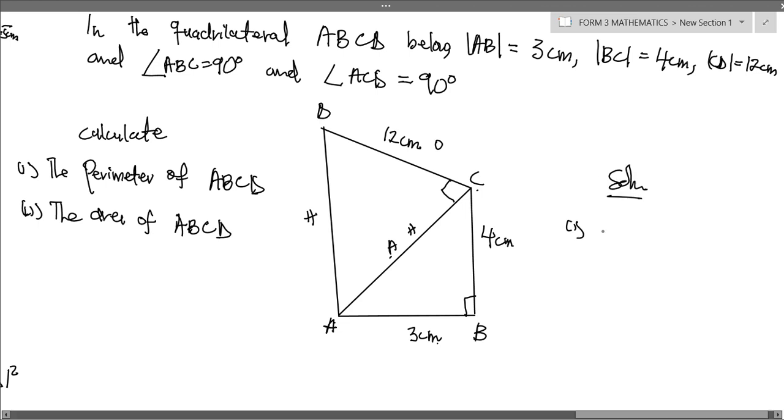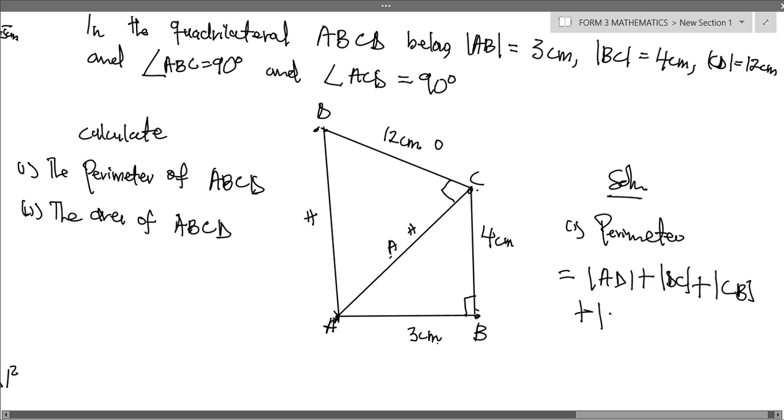The perimeter will be equal to AD, which is from here to here, plus DC, plus CB, plus all the exterior length AB.